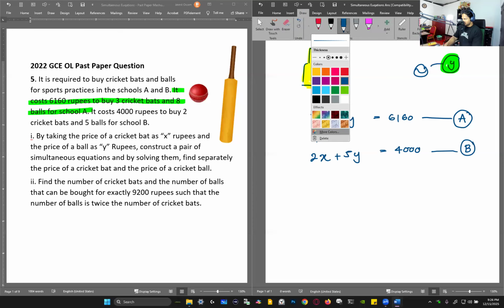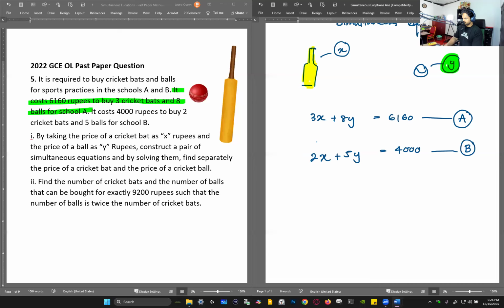So in this situation, to remove X, I'm going to do something right now. I'll explain this after I do it. I'm going to take the A equation, Miss Fatima, multiplied by 2.